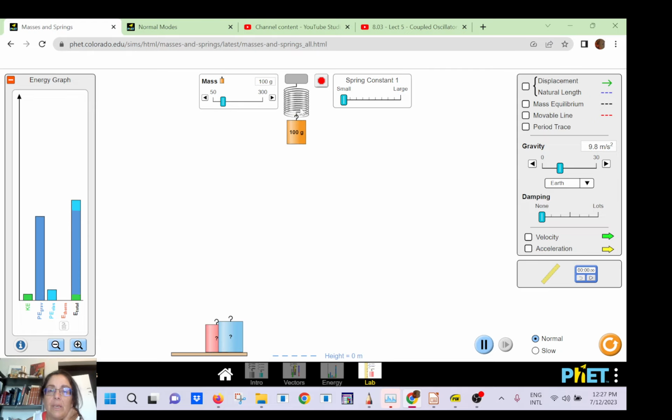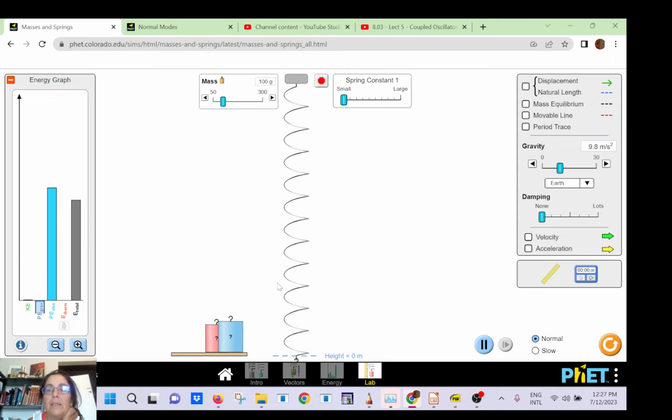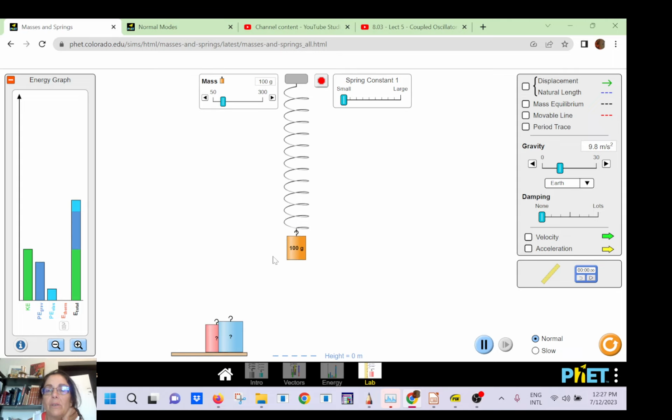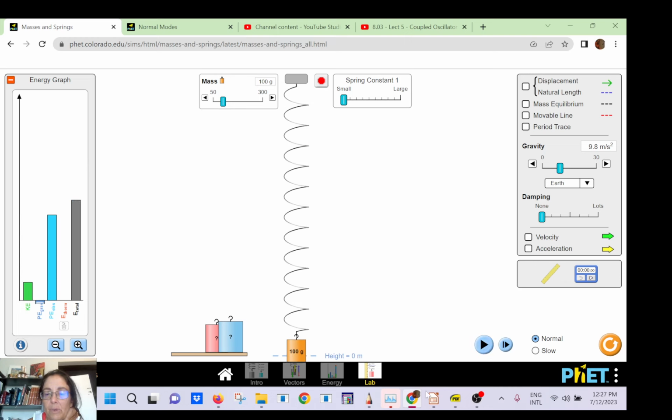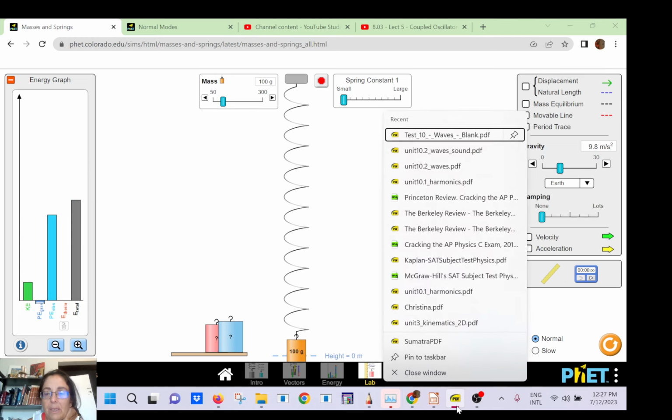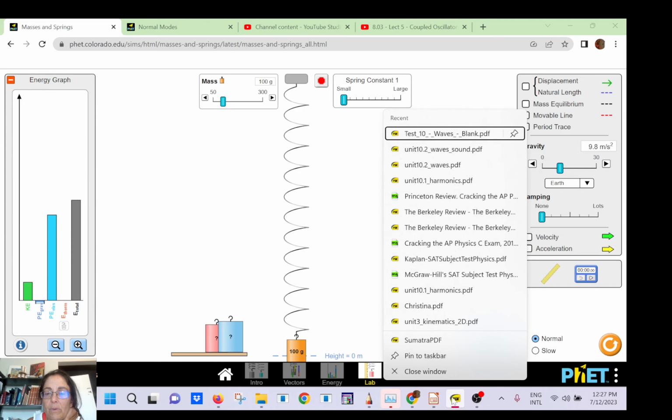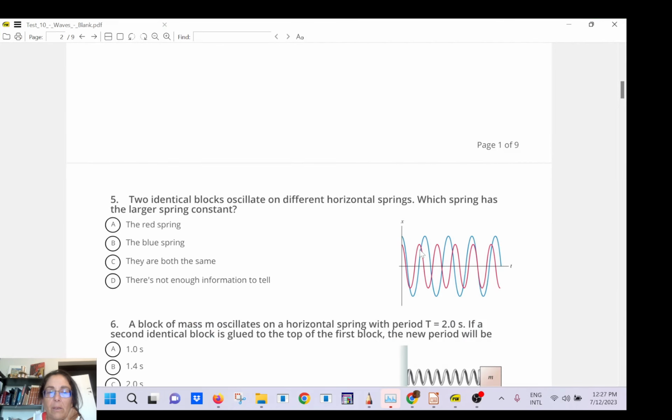And then of course, if you take a spring which is more flexible, it's going to take more time to do one cycle, so the frequency will be smaller. So the one with the largest spring constant will be the one with the largest frequency.